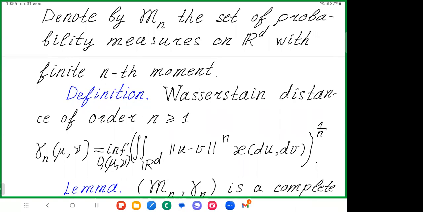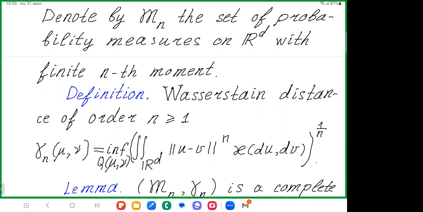Definition. Here is the definition of the Wasserstein distance of order n, which is greater than or equal to 0. You see, you have the same approach. You have another distance, and now this is an n-distance between, for example, random variables. And you just use this distance and take the infimum with respect to all joint distributions of mu and nu.